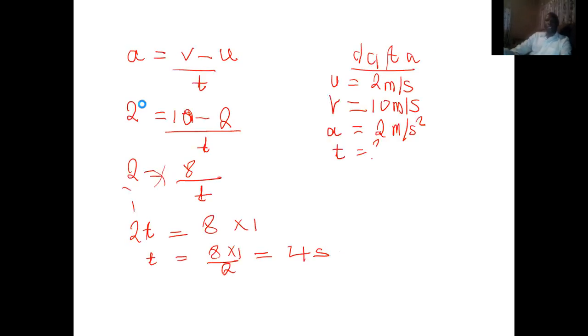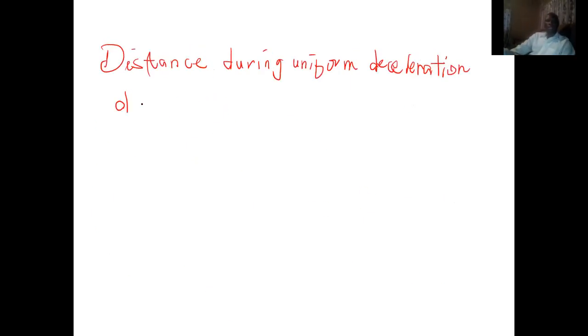So this distance 4 is equal to the area of a triangle, which is half base multiplied by height.